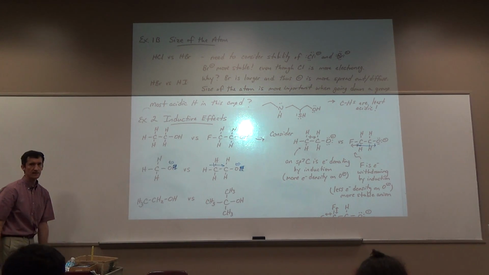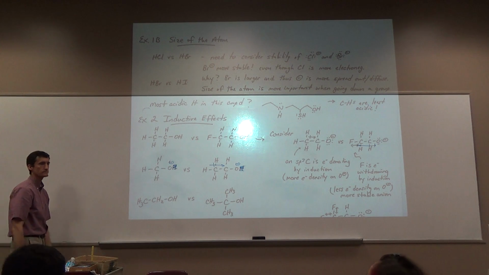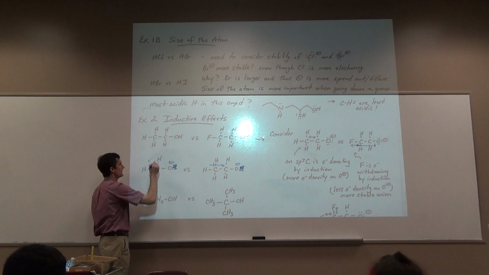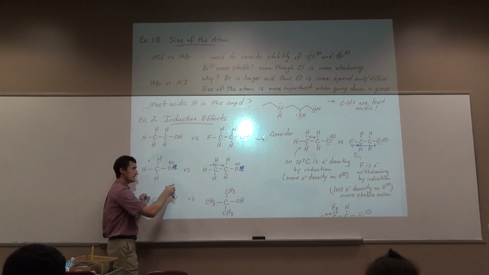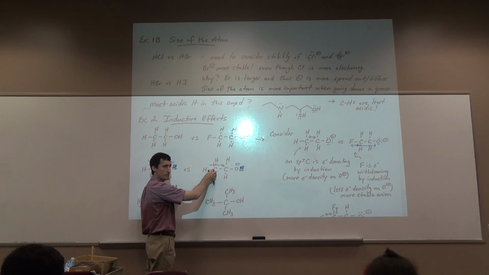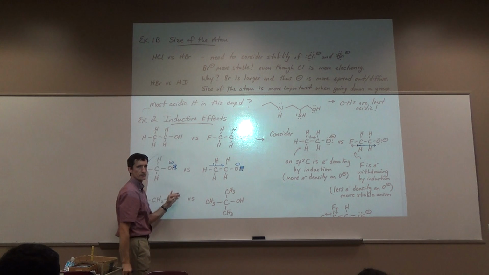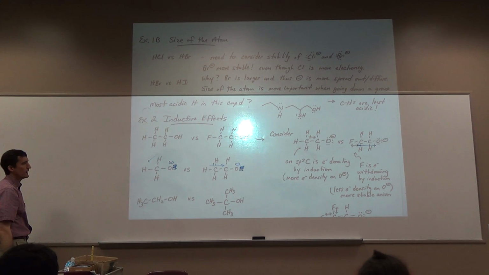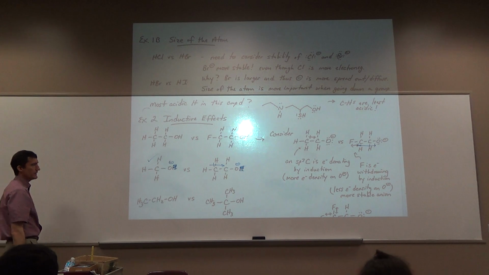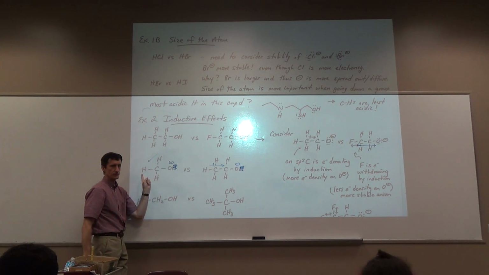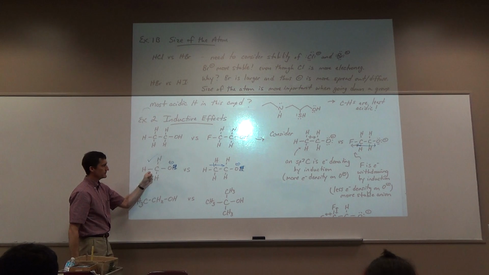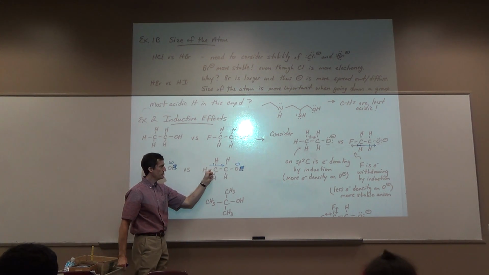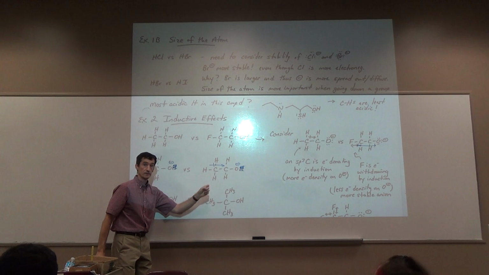Which one's more stable? The first one. This one is essentially destabilized by induction of the extra carbon, inductive donation. Now there's not a huge difference in the acidity of these two, but in terms of predicting it, this one's more acidic. You don't stabilize a minus by pushing electrons towards it, you destabilize it.